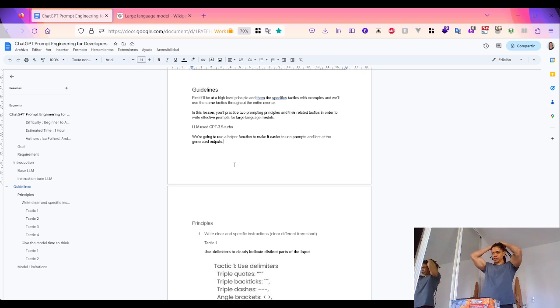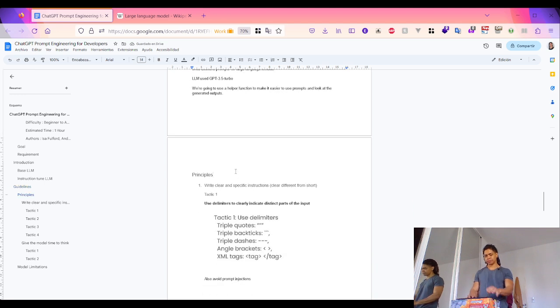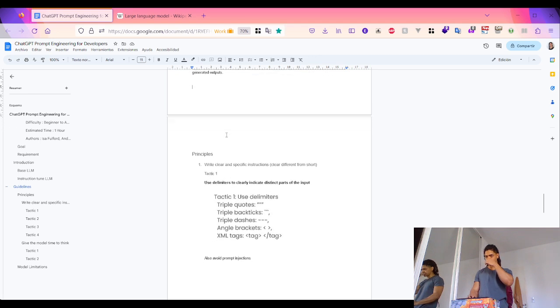We're going to use a helper function to make it easy to use prompts and look at the generated outputs.